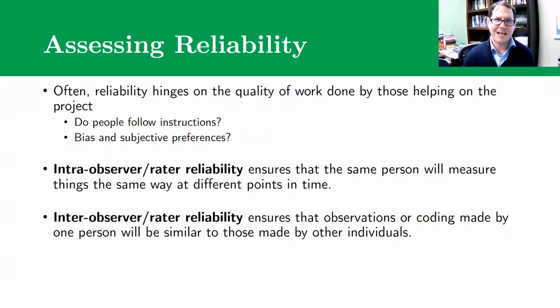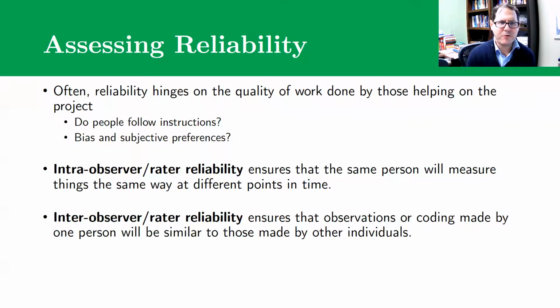But there's two ways to think about that consistency. One is intra-rater or intra-observer reliability, which means that if I show you the same message now, and I show it to you an hour from now, you're going to look at it and code it in the same way. So it's like the test-retest strategy: that same person is going to have that same subjective judgment about that coding process.